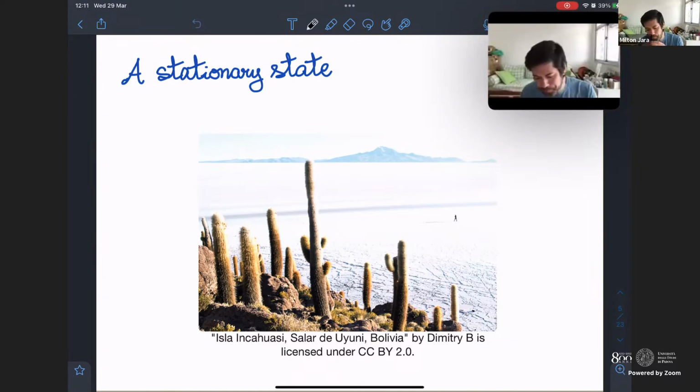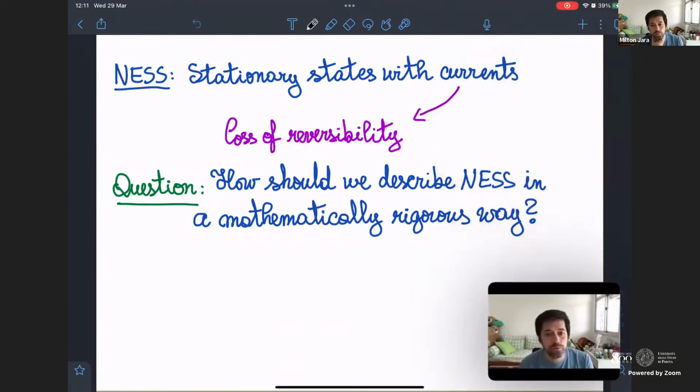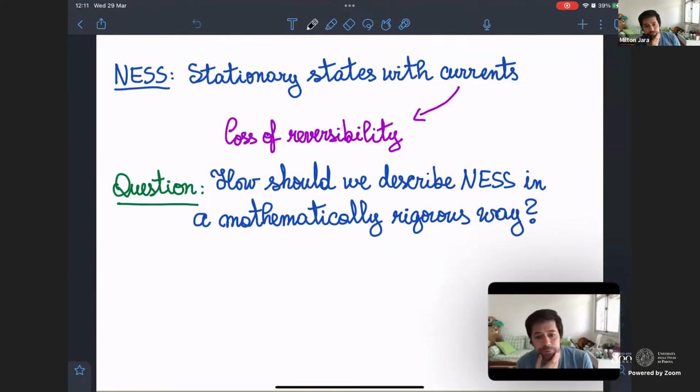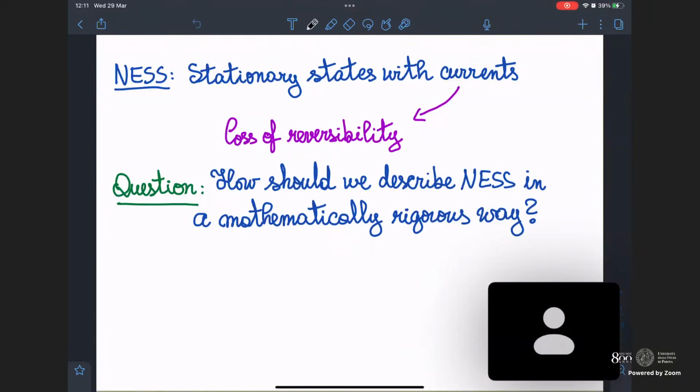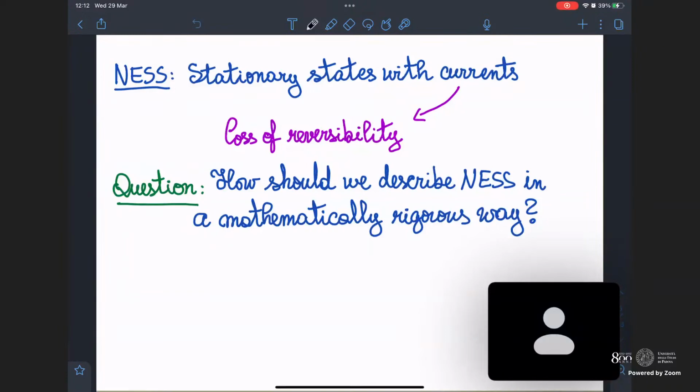Now let me tell you what we understand as non-equilibrium stationary states. One way to do this is to think about what the key features are. As I was telling you before, as a general concept, a non-equilibrium stationary state is a stationary state in which currents prevent the system from being in equilibrium. What type of currents?